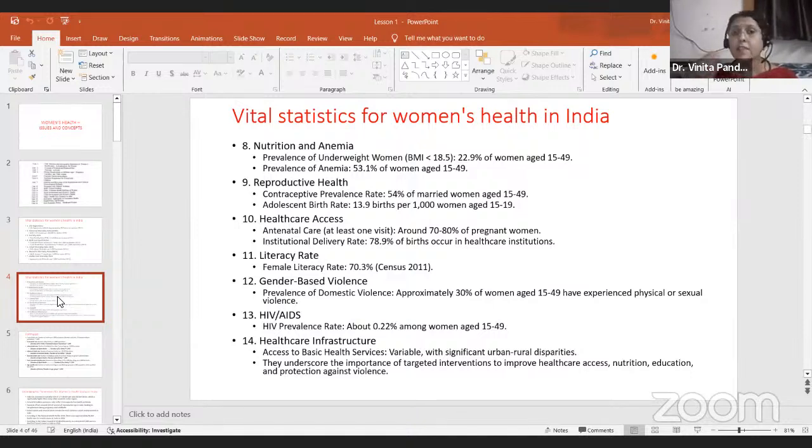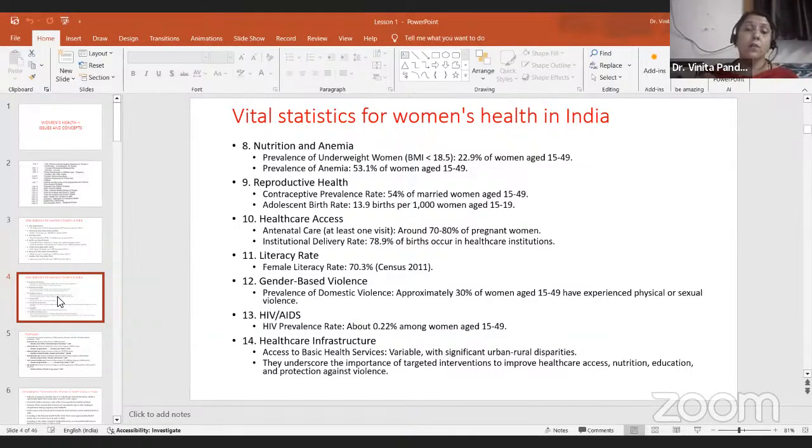So this is a very serious parameter, and when we try to see the statistic, it is very critical, I would say. So the prevalence of anemia is such that between the age group of 15 to 49, 53.1% of women are suffering from this condition.